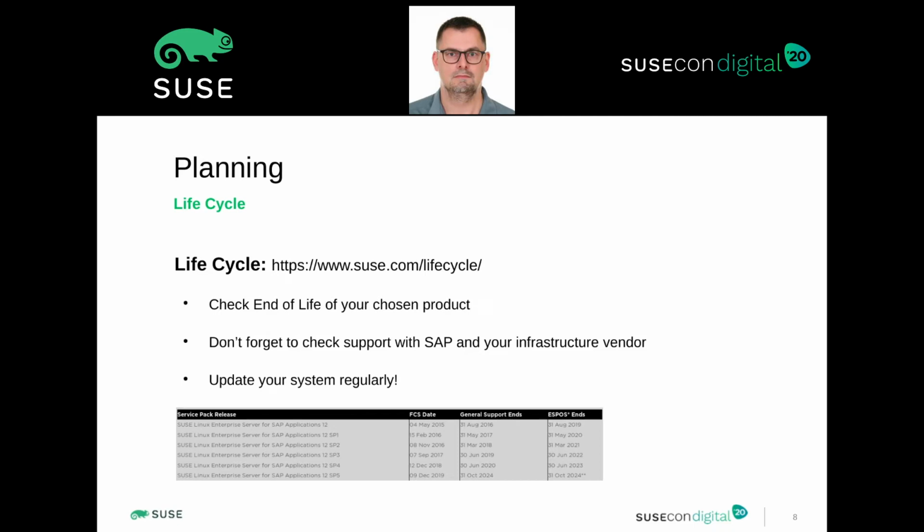So please, very important, keep your system up to date. Of course, we know that SAP systems are important and you want to reduce the downtimes as far as possible, but at least once a year it should be possible to do updates.